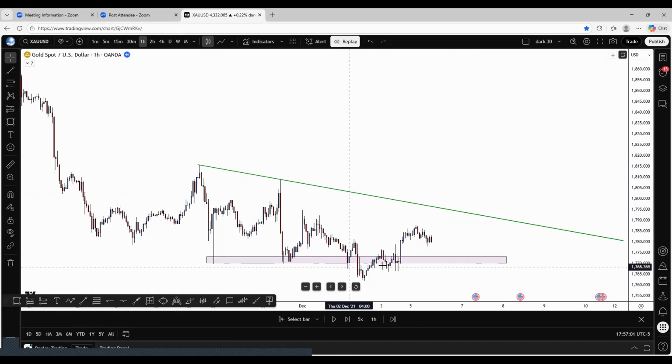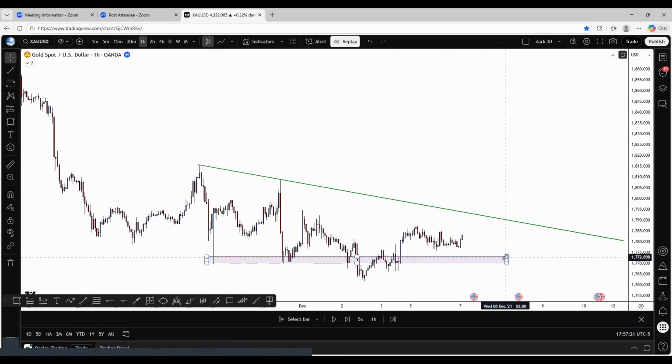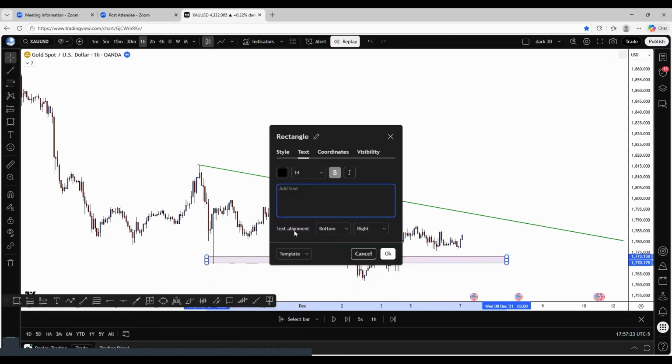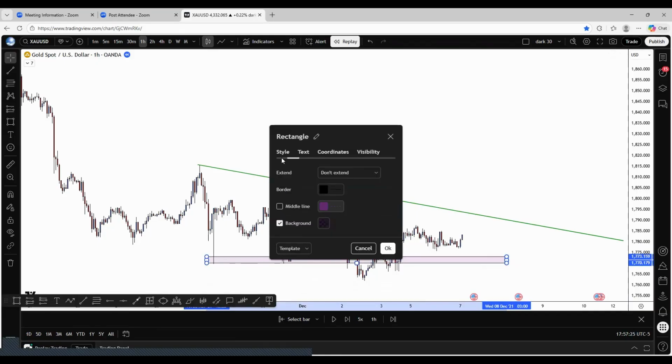It's kind of supporting this area. This was just a little false breakout at that point because it came back into my support area. So let's continue. Let me extend this bar down, extend to the right.